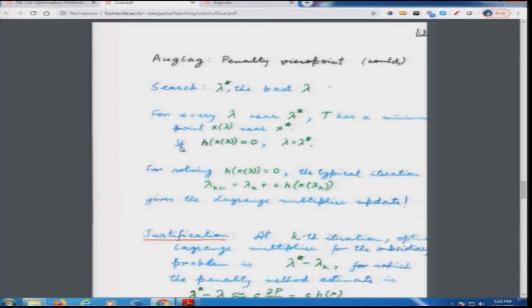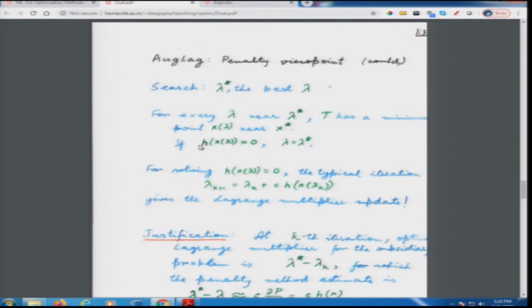And at that minimizer, h equal to 0 is satisfied if lambda is lambda star. So, basically we are looking for the value of lambda for which the minimizer x of lambda satisfies this. This is what we are looking for.